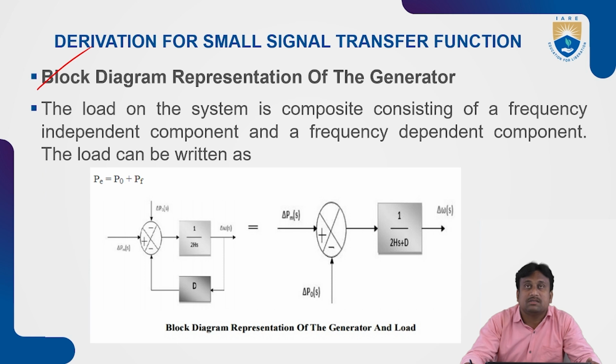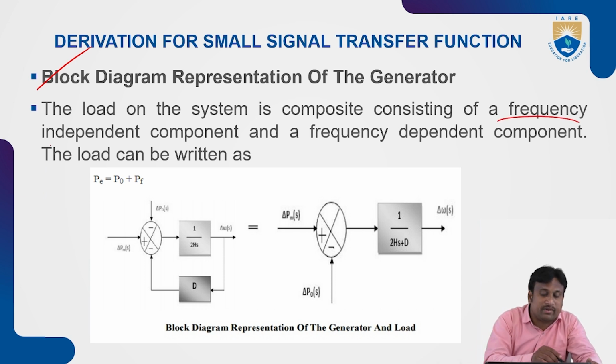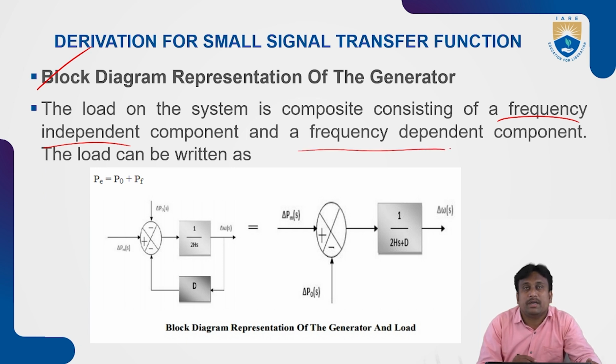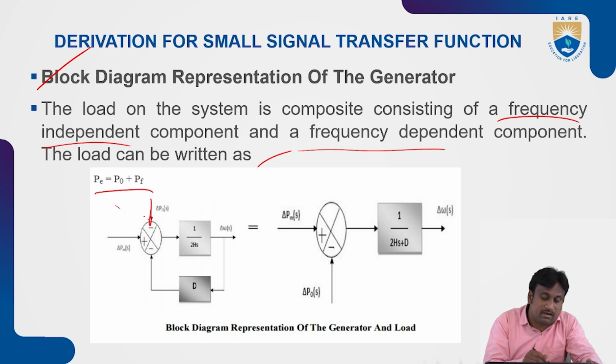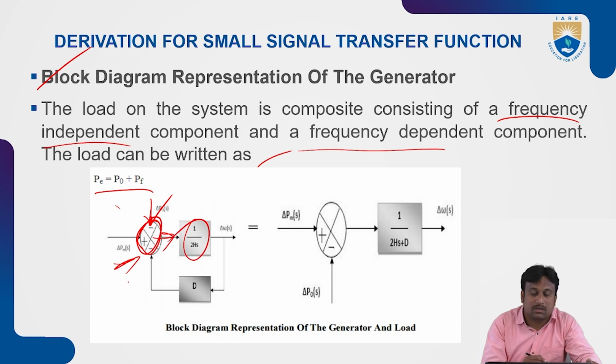Here the load on the system is composite, and it contains a frequency independent component and a frequency dependent component. The load can be written as P equals P naught plus P, that is delta PDF of s and delta Pm of s connected to the reference signal, which is connected to 1 by 2Hs.